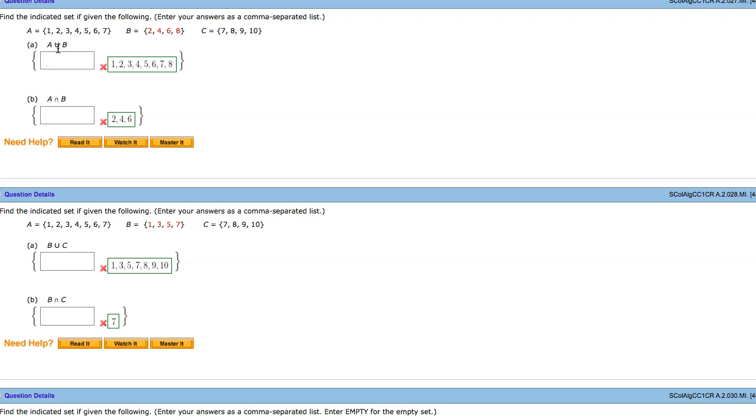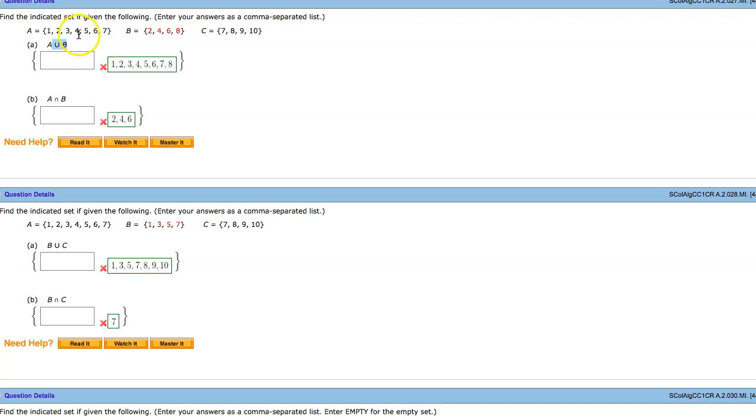Now, here's the deal. Union means everybody climb aboard. As long as you are in one of the sets, you qualify, and I will list you one time and only one time if you popped up in either of the originals. So A union B, if you are either in A or in B, I'm going to list you in this A union B, but I'm only going to list you once.